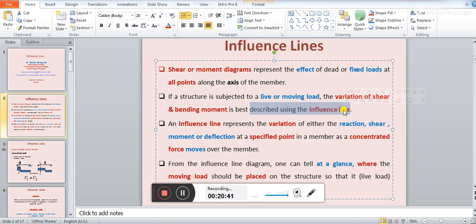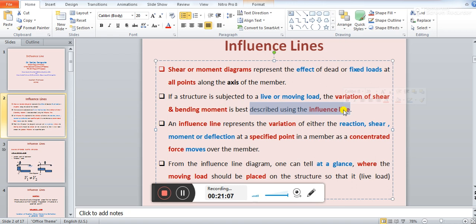So if a structure is subjected to a live or moving load, the variation of shear and bending moment will be best described using the influence line diagram. So what will an influence line diagram represent? It will represent the variation.